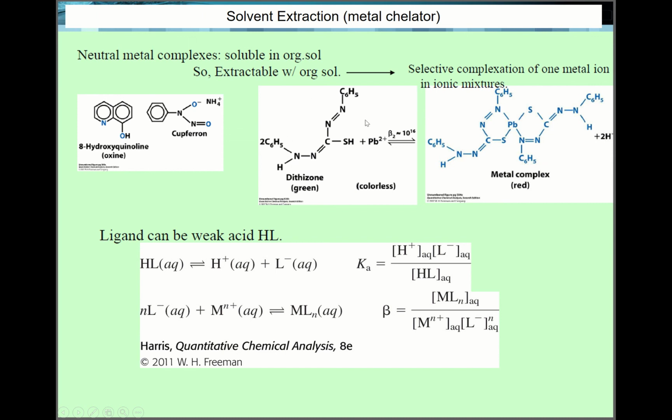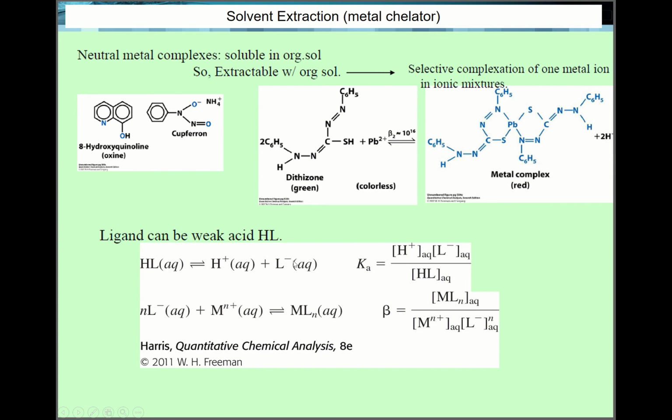Two of these species make a complex with lead ion, and as a result two protons are produced. Here this is sulfur; the sulfur-coordinated protons are released.